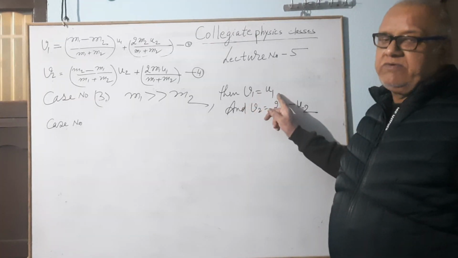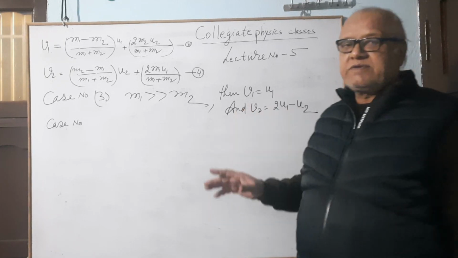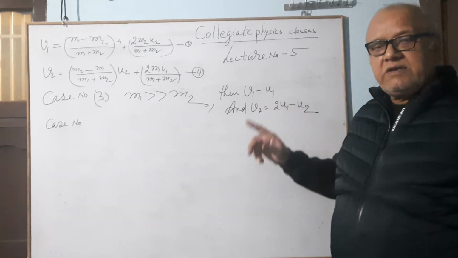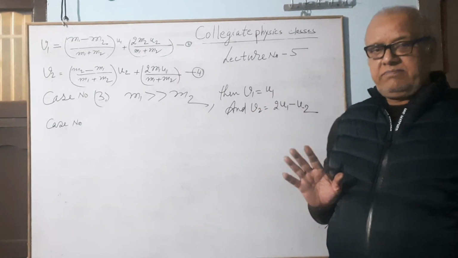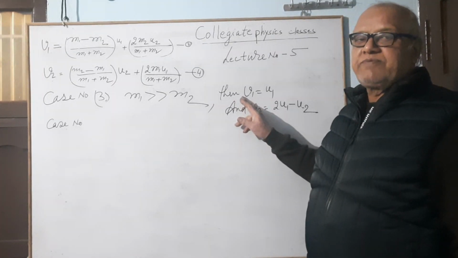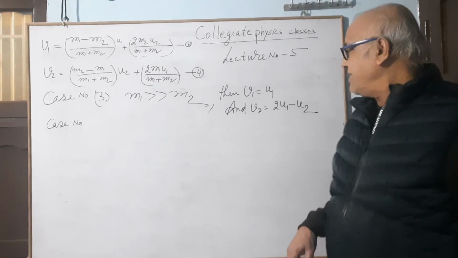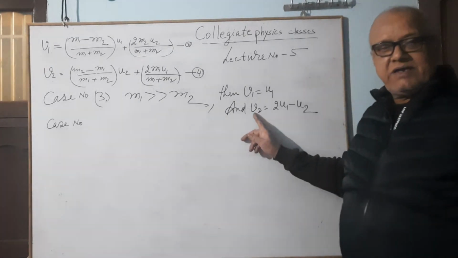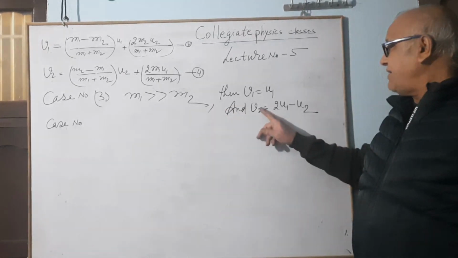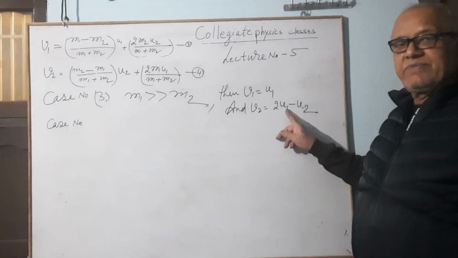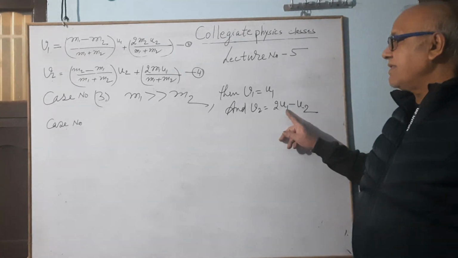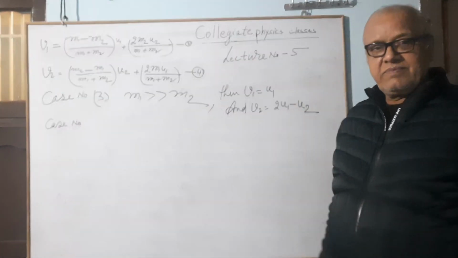But the velocity of the second body, which was at rest before collision, will become 2u1, that is twice the velocity of the first body.